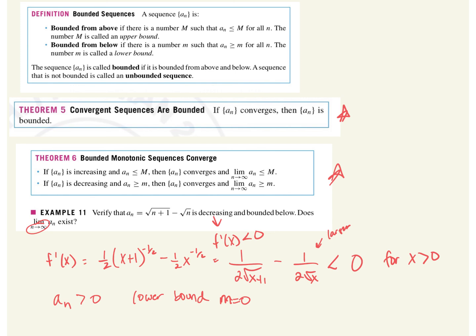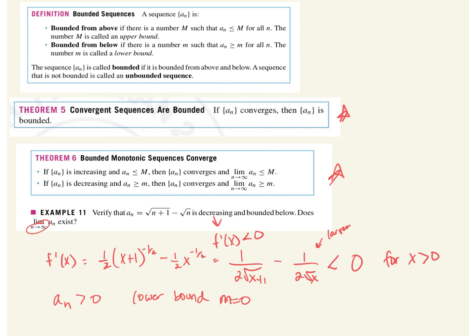Okay, actually using 0 is not the right example.